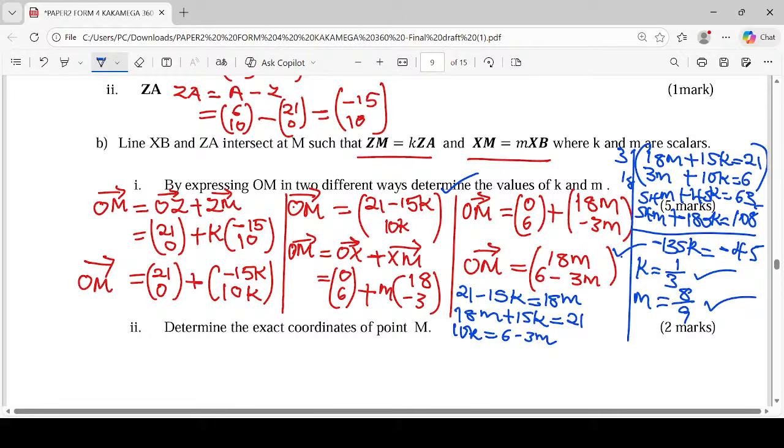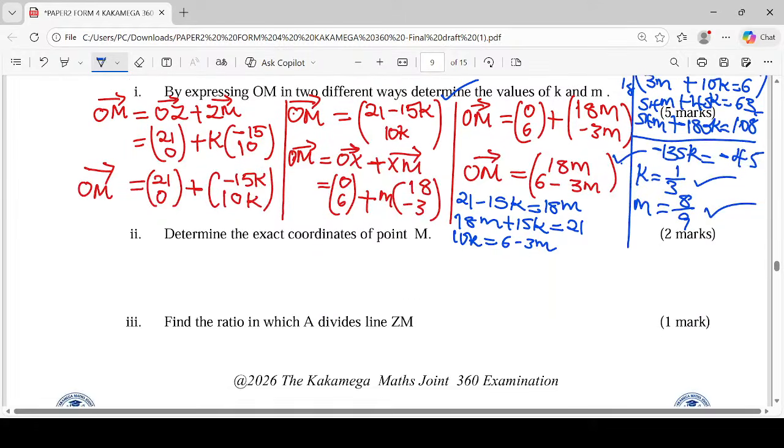We are proceeding to question number Roman 2. Determine the exact coordinates of point M. So now to get the exact coordinates of point M, you remember we had said that our OM, I can use the first equation.